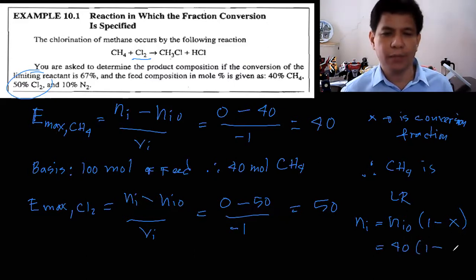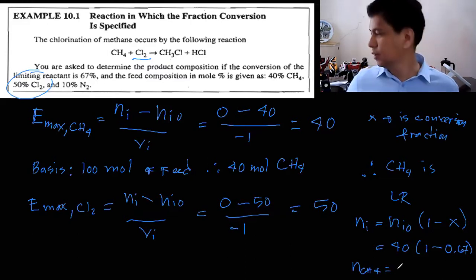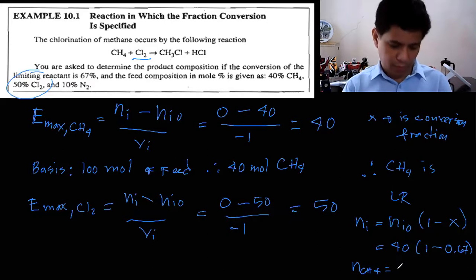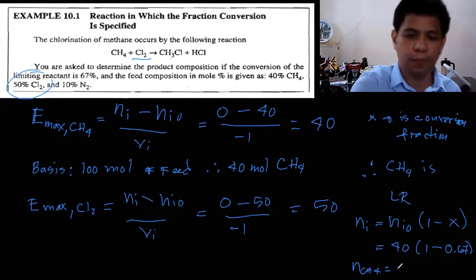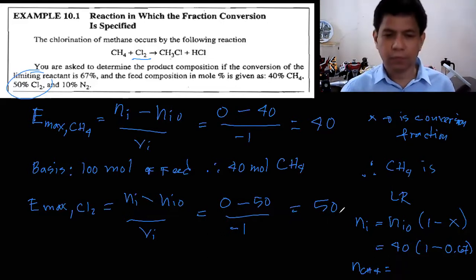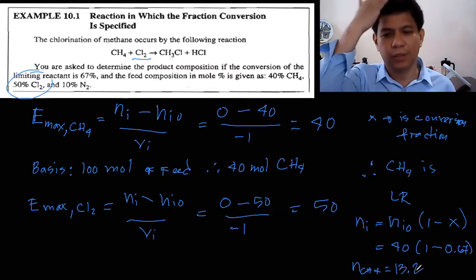Then 1 minus 0.67. So the number of moles of CH4 in the product is 13.2.